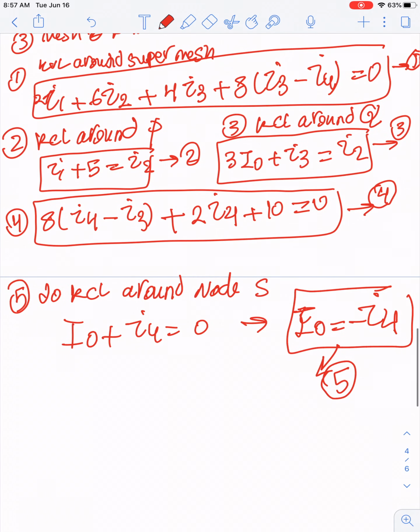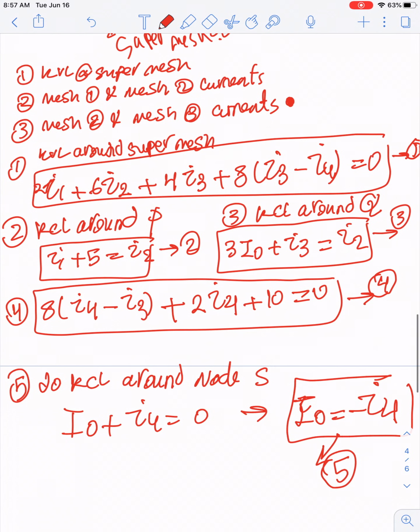So I have 5 equations in 5 unknowns. In order to solve it using your calculator, you can, for example, substitute equation 5 into the other equations, and also eliminate I3 or so, in order to reduce these equations to 3 equations.